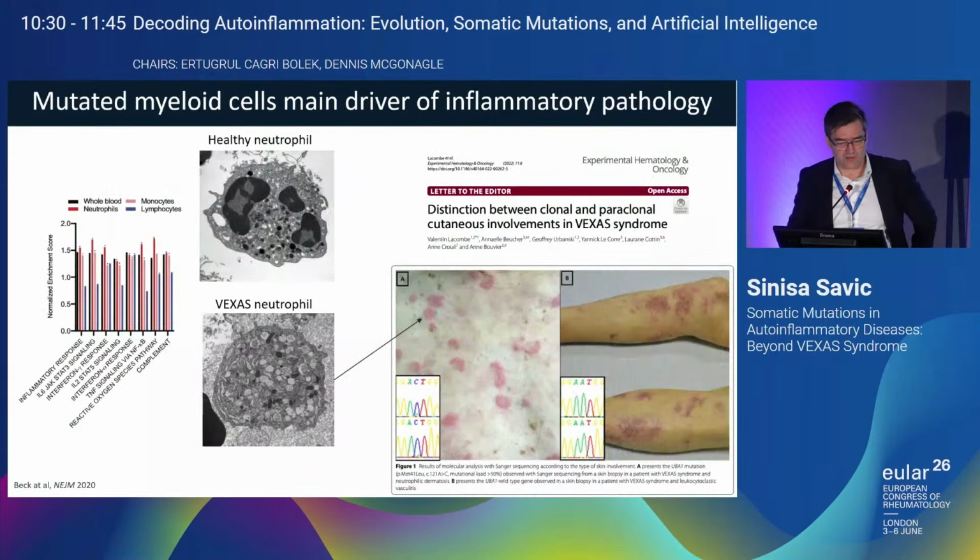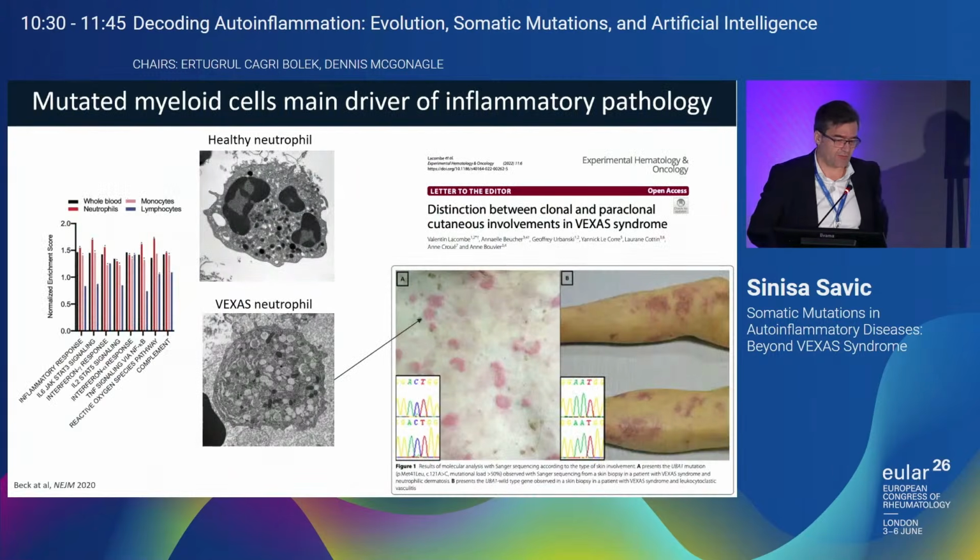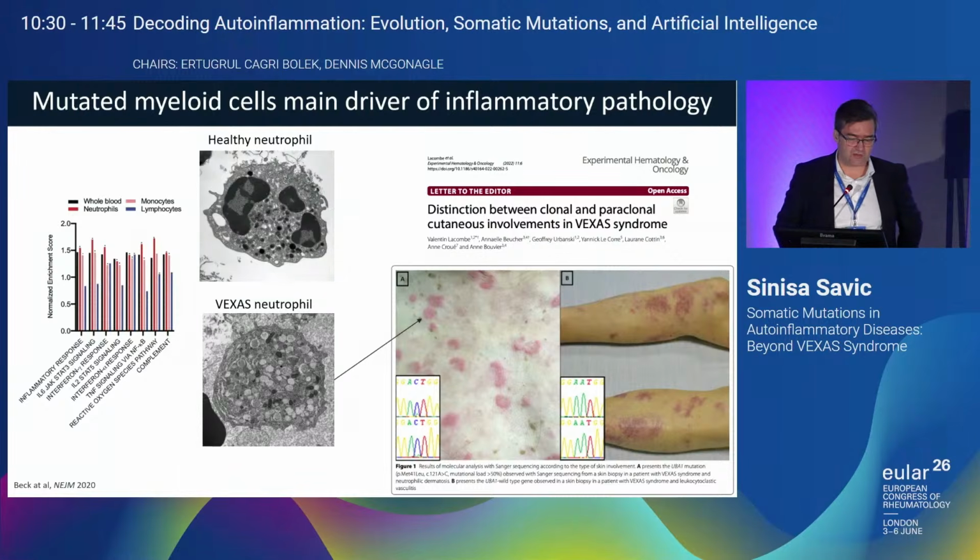This is illustrated here, which shows the electron microscopy picture of the VEXAS neutrophil, which is clearly disordered and abnormal. If you study this cell in detail, you find all sorts of inflammatory pathways are activated. A lot of the manifestations we see in VEXAS syndrome in terms of inflammation are due to these mutated cells, either neutrophils or monocytes, infiltrating the target organs.